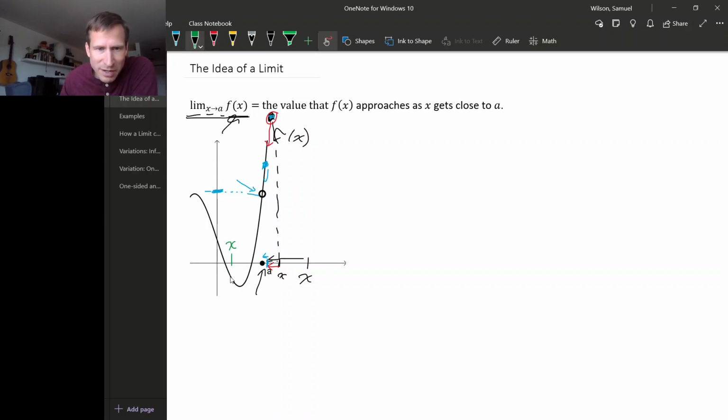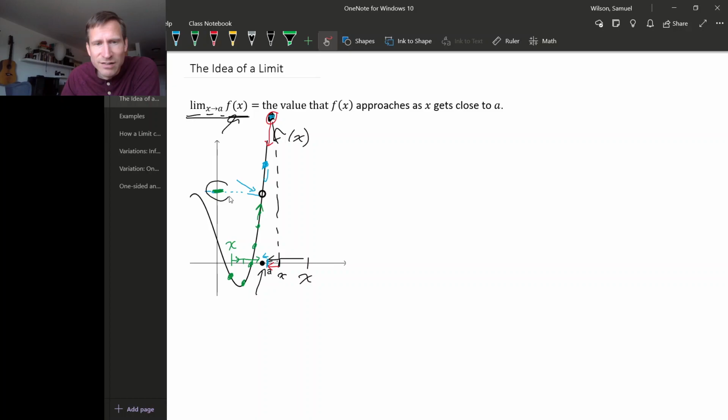Then the corresponding point on the graph is down here. As we slide x rightwards towards a, now it's over here, and then over here, and then it starts to slide up here. As x gets closer and closer to a from the left, the height of the corresponding point on the graph is heading towards this value. That's the same value as from the other side, so these two sides agree.